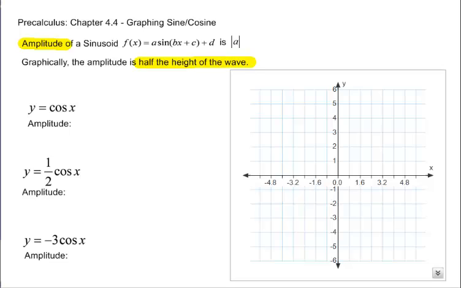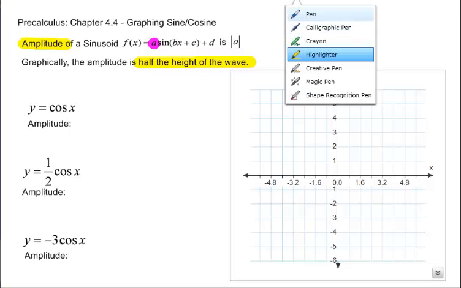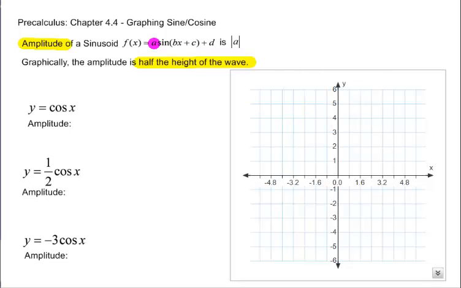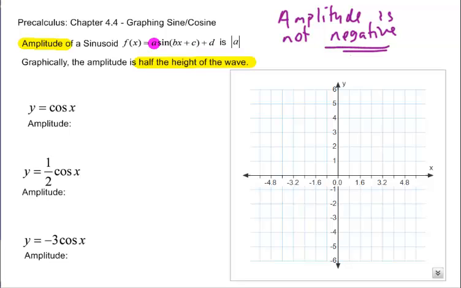And it's always going to be the absolute value of the number in front of the sine or the cosine. Amplitude is not negative. Please don't write down a negative number for your amplitude. Okay, you'll miss it every time.